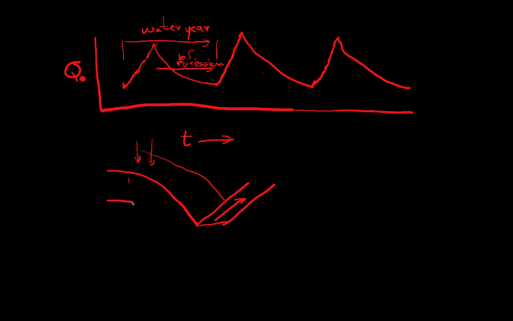There is a water table somewhere down here, and within the aquifer then the water is flowing and eventually ends up discharging into the stream. So during the rainy season, the level of the aquifer rises a bit, and during periods of no precipitation, the level of the aquifer can decrease as water drains out of the aquifer and into the stream.